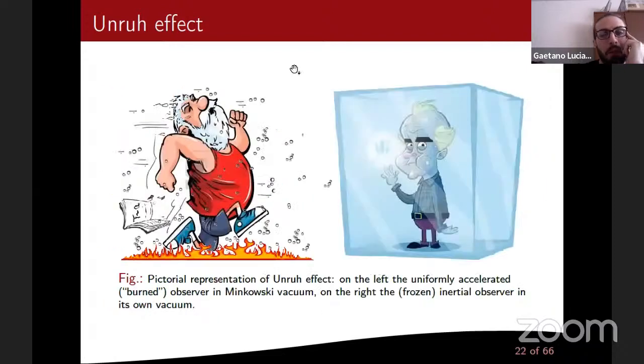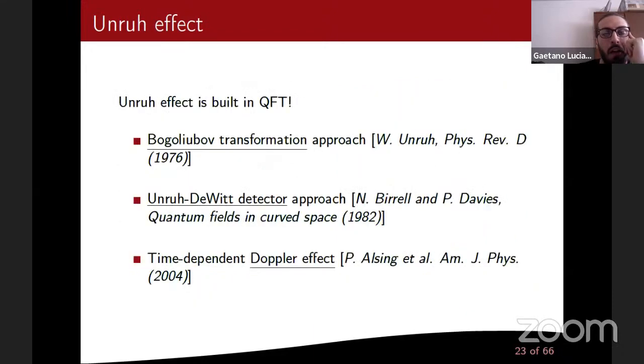Again, just a pictorial representation. You can see this is the accelerated observer who feels this thermal bath in the vacuum for the Minkowski static observer. Okay, the Unruh effect, as I was saying, for the moment we don't have any direct experimental signature, but the Unruh effect is a solid prediction of quantum field theory, because you can derive this effect from different independent perspectives.